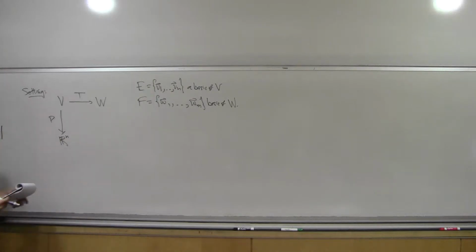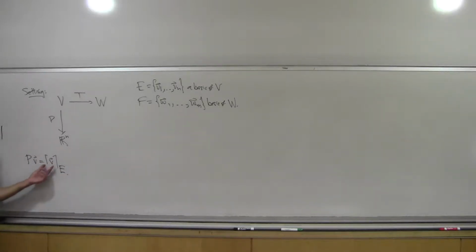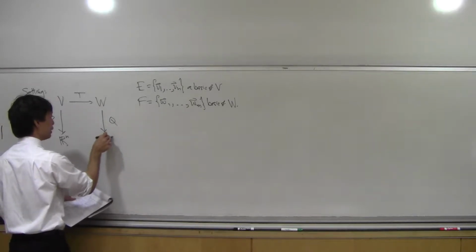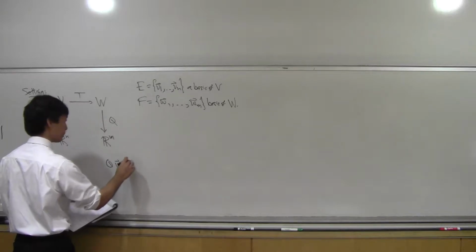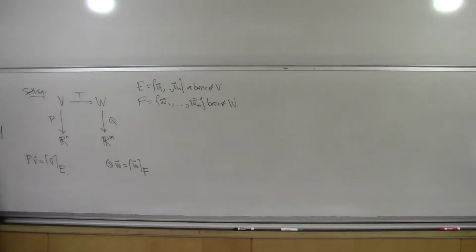P takes some vector v and gives you back the coordinate vector with respect to E. And over here we had something that we call Q, which was the coordinate vector map. Q of w is going to be w with respect to F. You get the coordinate vector there. Okay. So there's a way of getting from here to here.